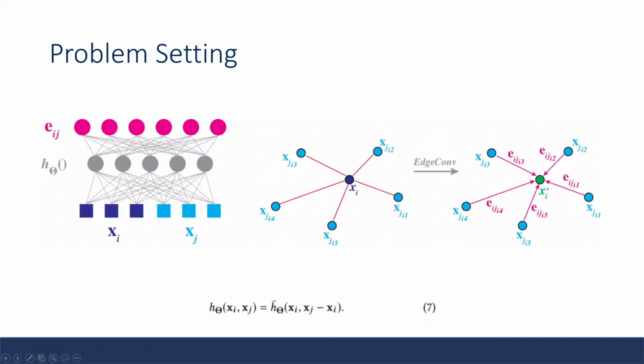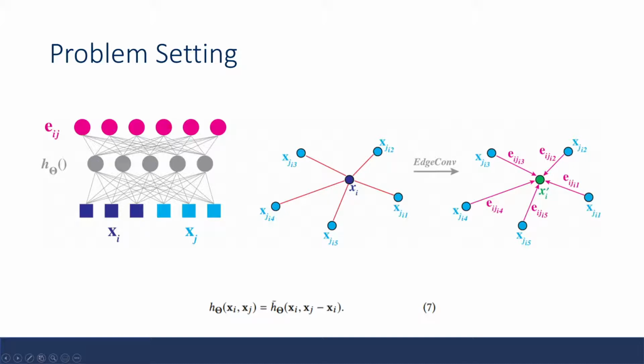And so in this paper, what happens is that you have an input point cloud, and the paper introduces the idea of learning local edge embeddings of points. So given a point xi and the nearest neighbor points xj, you learn network parameters using the function h, where you're trying to learn the edge embeddings.